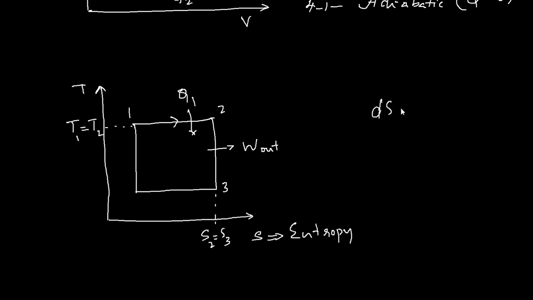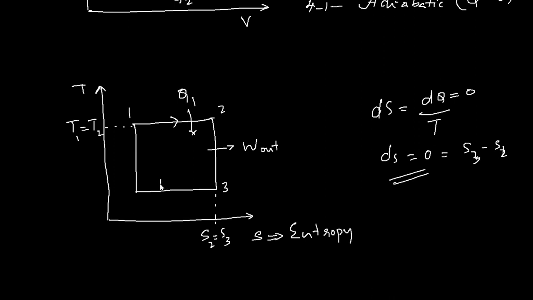Change in entropy is dS equals dq by T. So if dq equals 0, that means dS equals 0, and that's why there is no change in entropy, that is S3 minus S2 is 0, and therefore you have S2 and S3 the same.